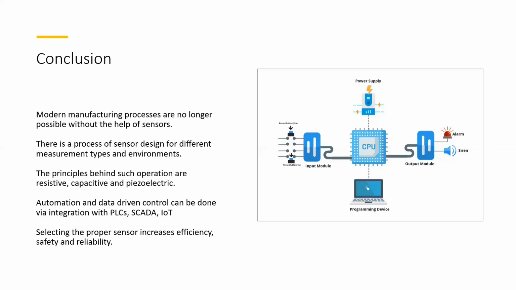And the process of sensor design for different measurement types and environments also differs. So we spoke already about the principles behind it: capacitive, resistive, and piezoelectric. And sensors have a wide application when it comes to integrating them into programmable logic controllers, also with SCADA and Internet of Things.